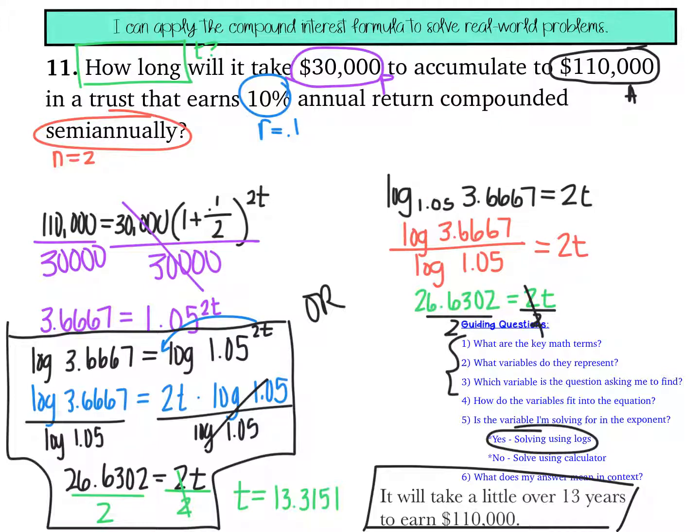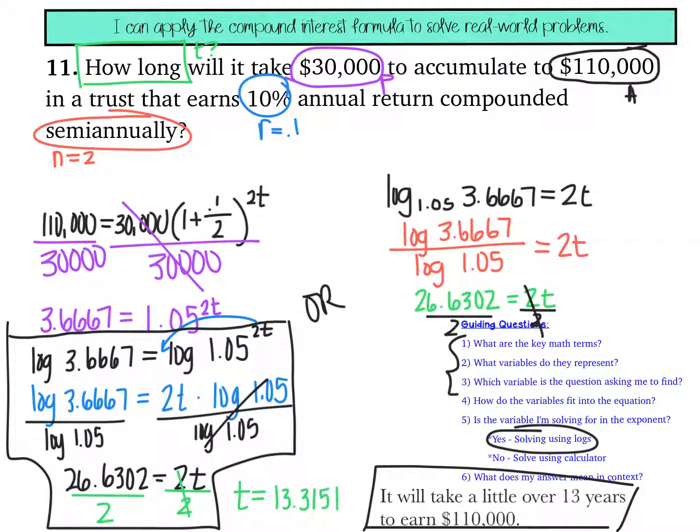If you don't remember that, you have to go back and watch the video about change of base formula. That's why we did all that practice, so that it would be a skill we already know. Equals 2t, so when I did log of that divided by the log of 1.05, it's the same process, just a different approach to get there, and then divide by 2, I still arrive at t equals 13.3151.